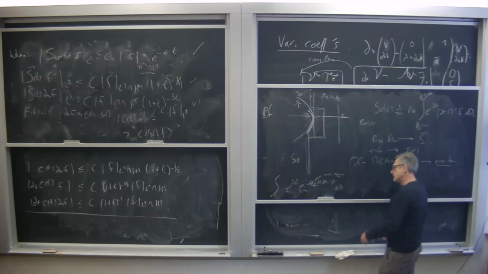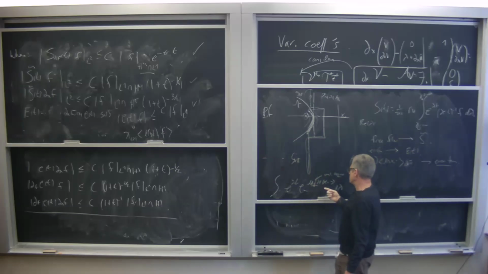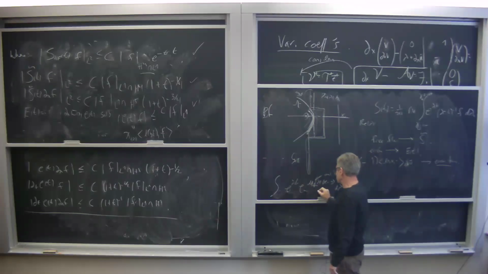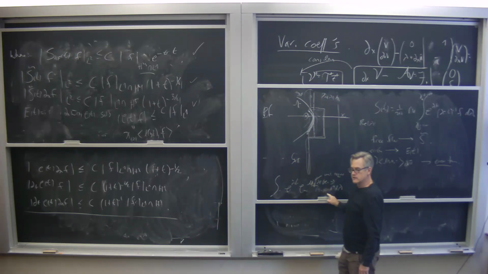And then there are error terms, like 1 plus O(λ) plus O(e^{-x}). There are lots of error terms that go in here. They don't matter. They're all uniformly bounded. They came from the conjugator, not from this. They came from the conjugation.